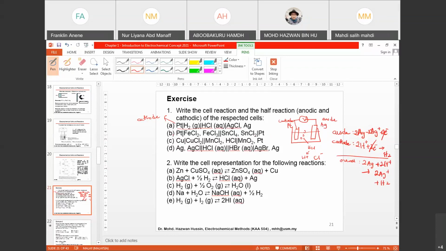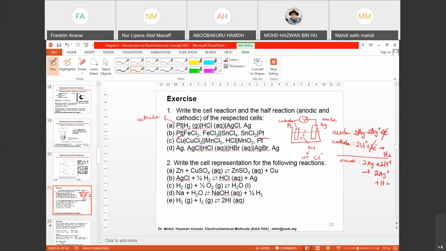If you look at another example, 1B, you'll see that the electrode used here is platinum. Both are platinum and platinum. What kind of reaction happens here? If I ask what type of cell is used in 1B, anyone can try.